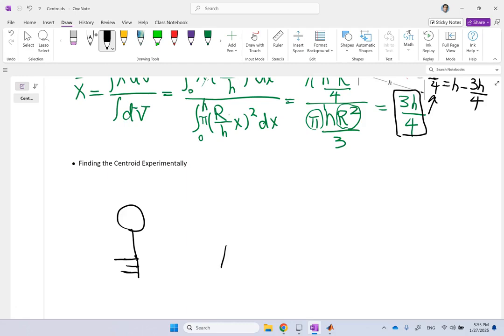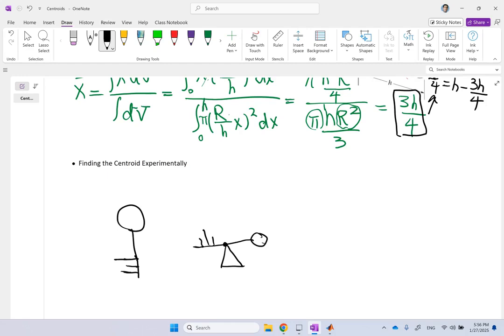Just like a seesaw, I put this key sideways, and then I move this support point until I see the two sides are balancing out and it stays stable and doesn't tilt either way. Then that point should be my centroid.